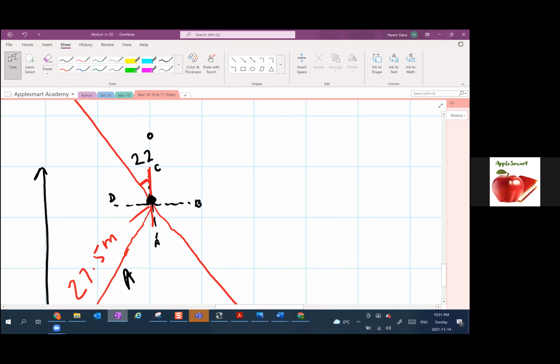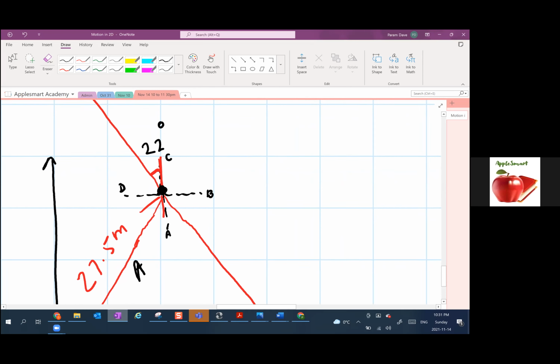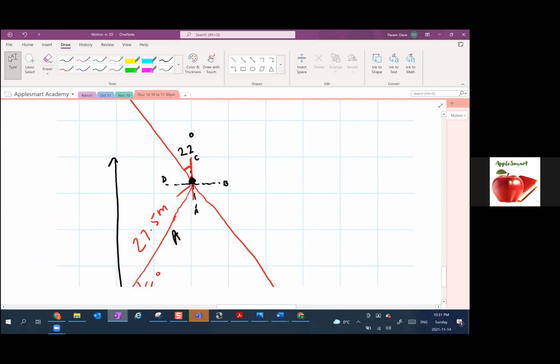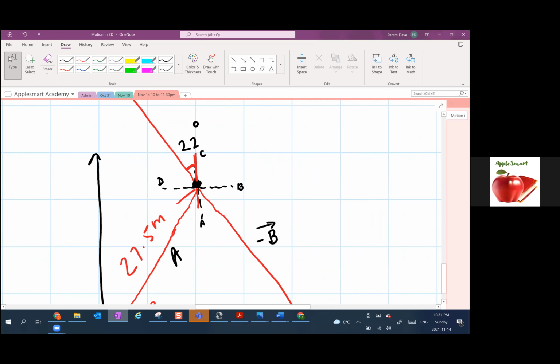Any angles that you would know if that one is 22 degrees? Would you know the angle between A and the opposite vector, the negative of B? Or would you know the angle between the axis B and the negative of B? Which angle would you know if that one's 22?